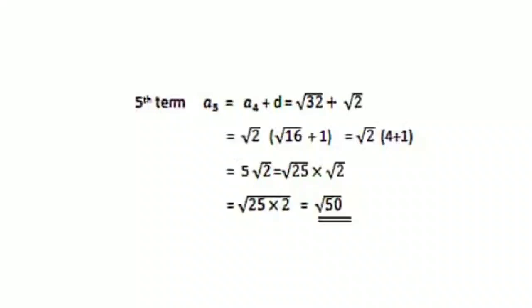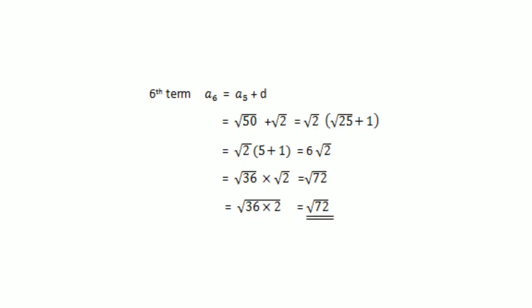Then find the sixth term. The sixth term is A6. Find A5 plus D. A5 is root 50. So root 50 plus root 2. Take root 2 common. Root 2 into root 25 plus 1. The square root of 25 is equal to 5.